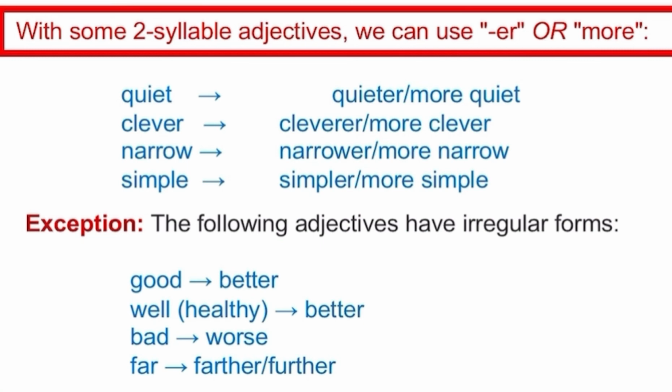There's 2 ways of using this adjective when you want to use it in a comparative sentence. Another word is clever. You can say cleverer or more clever. Narrow, you can say narrower or more narrow. Simple, you can say simpler or more simple.